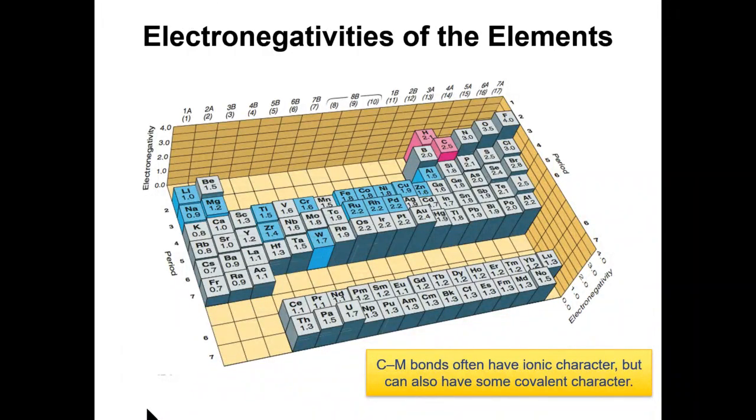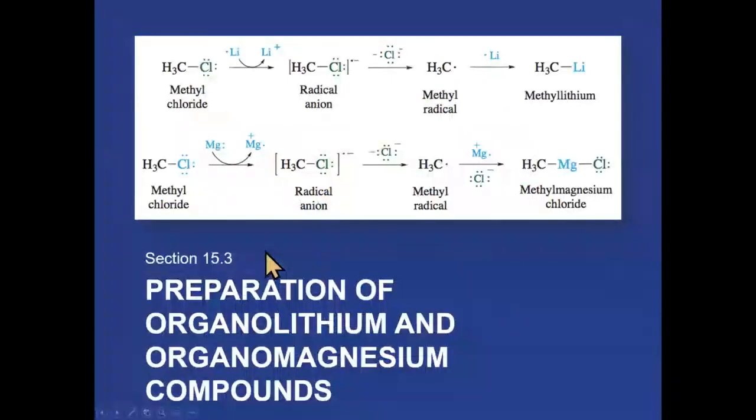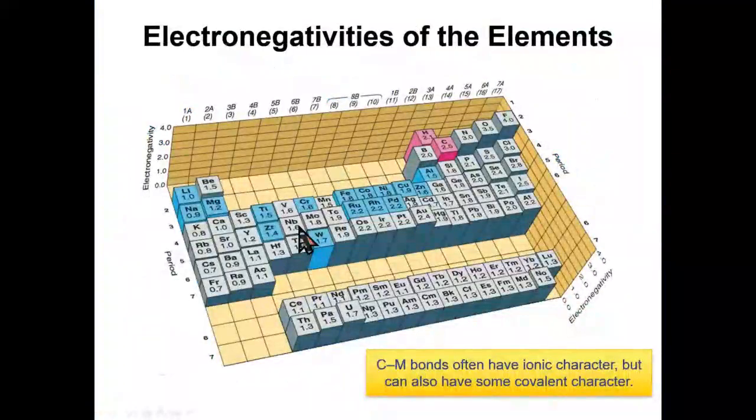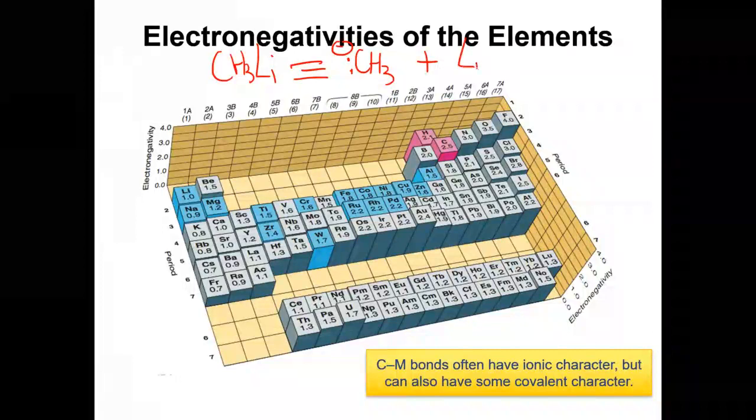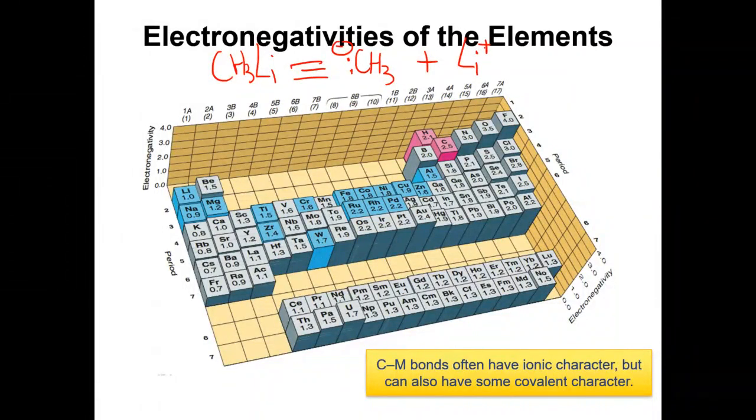Just as a simplified approximation, if you have methyl lithium, you can consider it approximately equal to CH3 minus plus lithium cation, because the carbon-lithium bond is highly polar. We can approximate it just for the sake of simplification, to make it easy to think about.